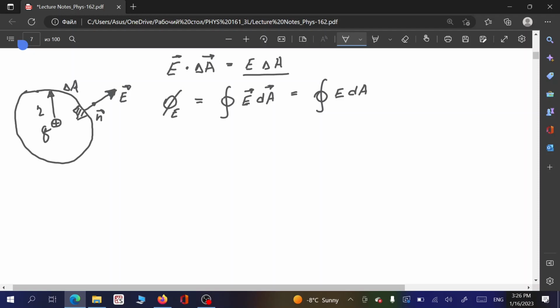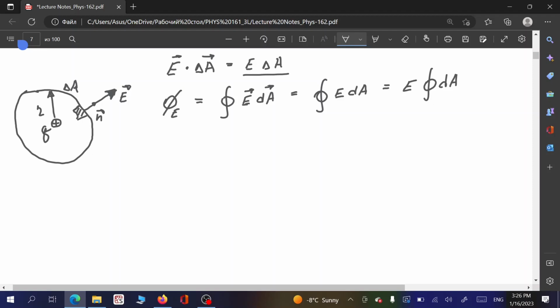And what we can do with the electric field is factor it out from the integral, because no matter which point on this surface we pick, the electric field will be the same, again because of the spherical symmetry of electric field created by a point charge. So we can factor out this electric field, leaving the integral of dA.